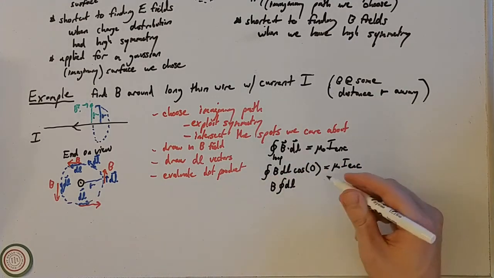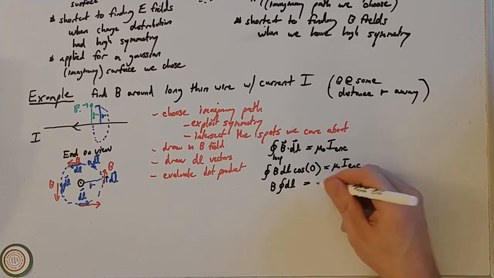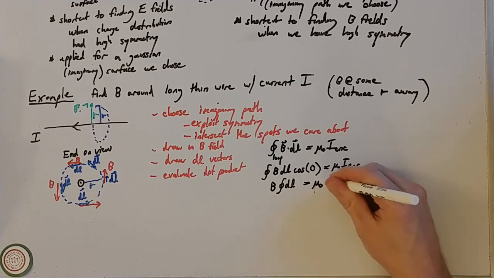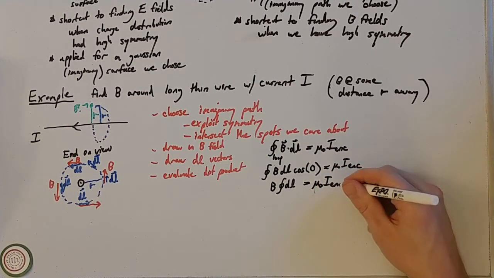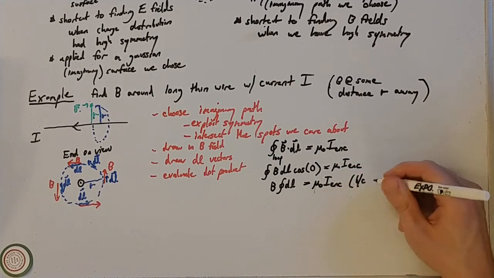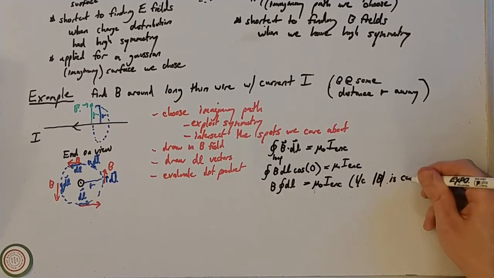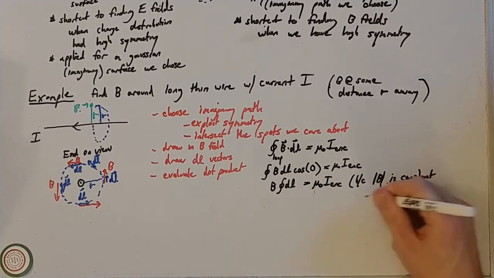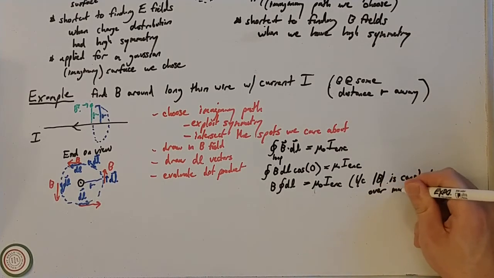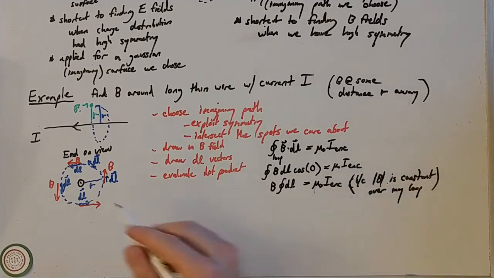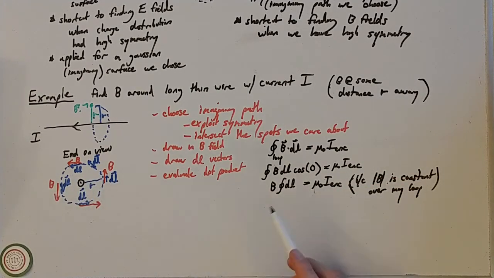So B times the integral of dl equals mu naught times I enclosed. I'm only allowed to do this because I've chosen a nice loop where everything looks the same, where the magnitude of B is constant over my loop.